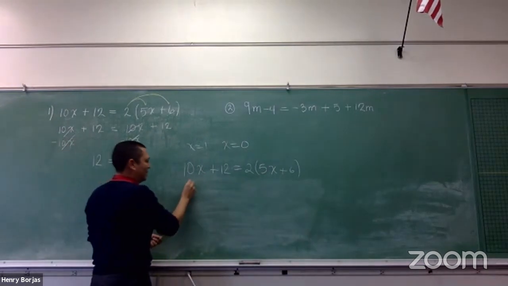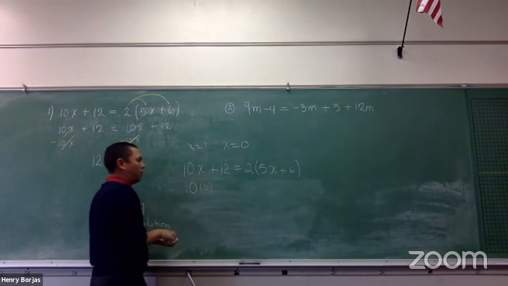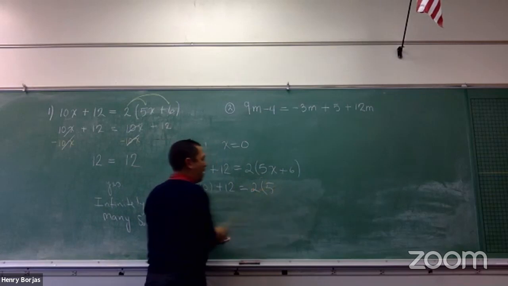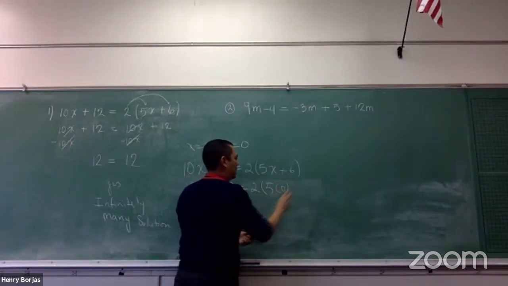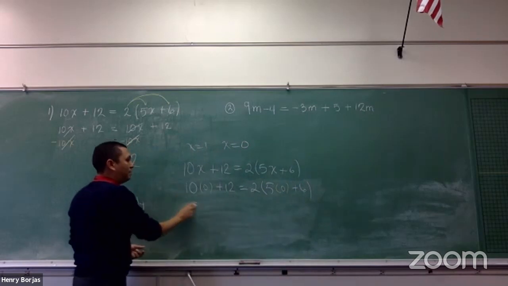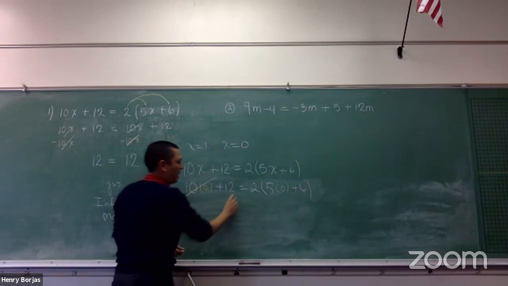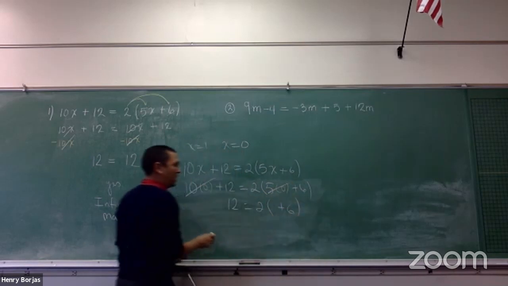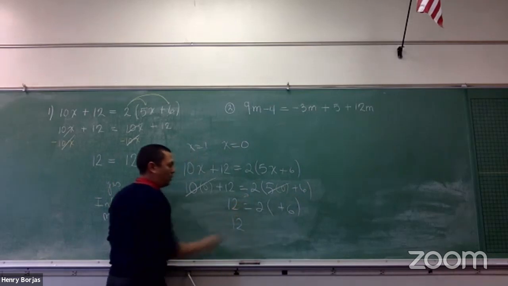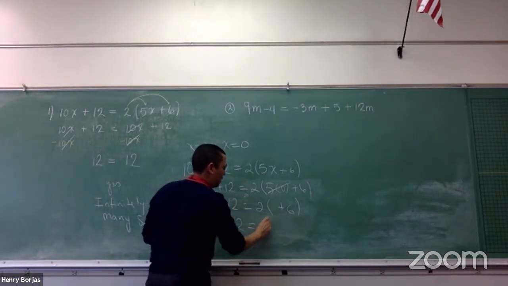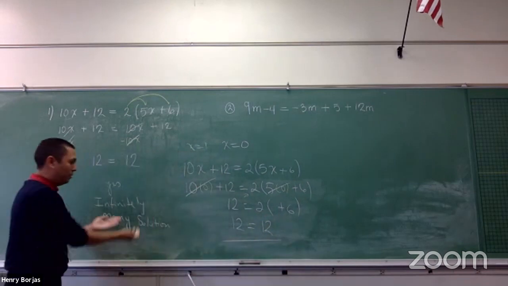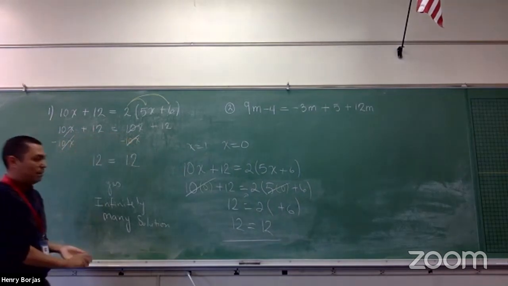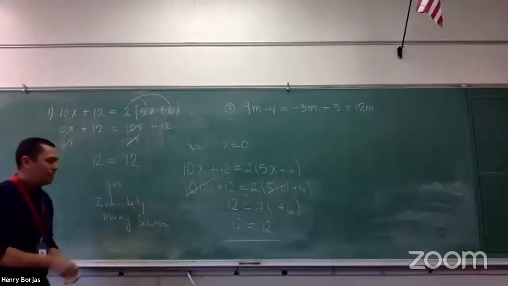So I have 10 times 0 plus 12 equals 2 times 5 times 0 plus 6. 10 times 0 is 0, so I have 12 equals 2 times, 5 times 0 is 0, plus 6. So 12, with a question mark, equals 2 times 6, which is 12. 12 equals 12, exactly the same situation, because those variables cancel out. So example number 1: infinitely many solutions.